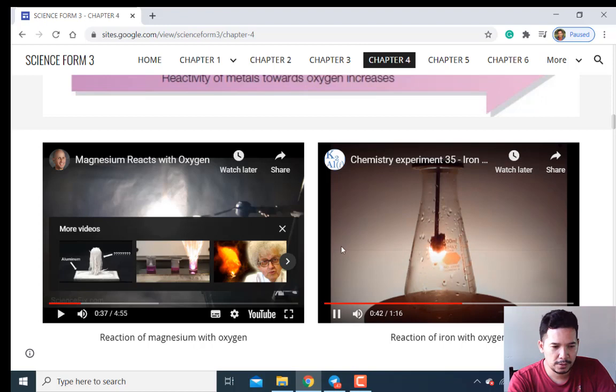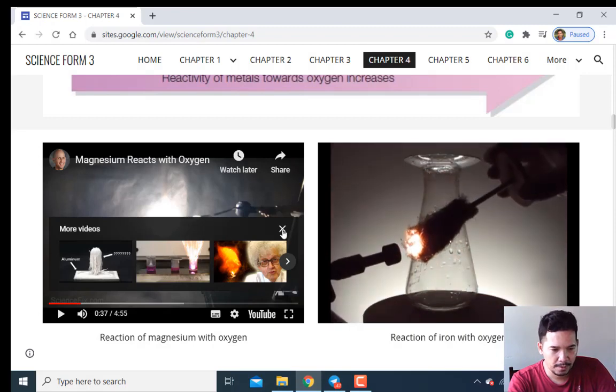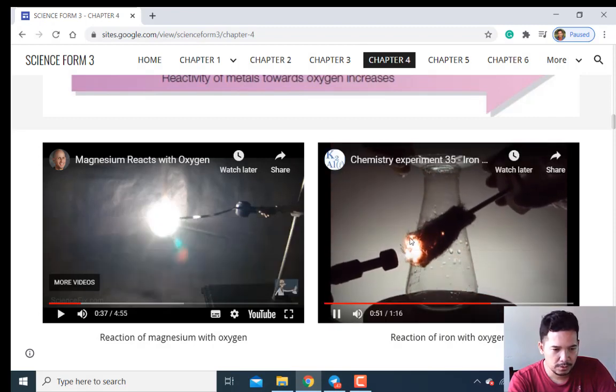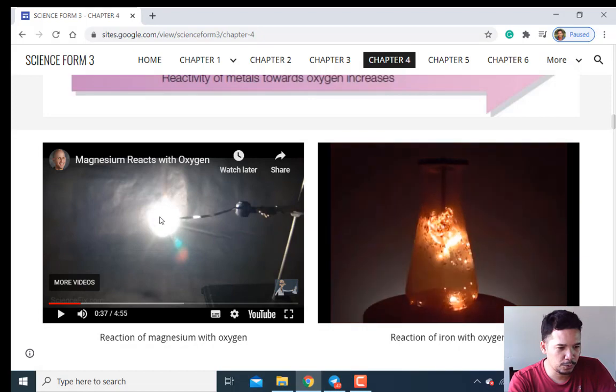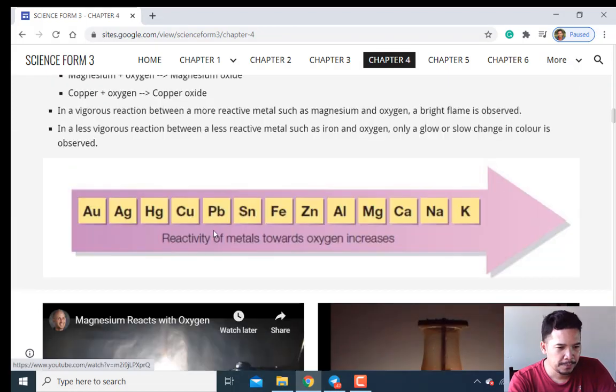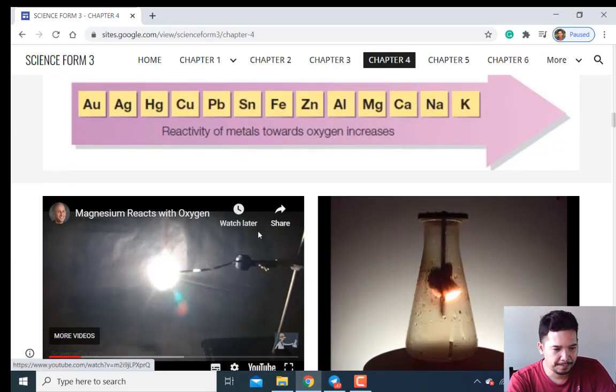The reaction is slower than the magnesium, just a glow. This one produces a very bright flame.